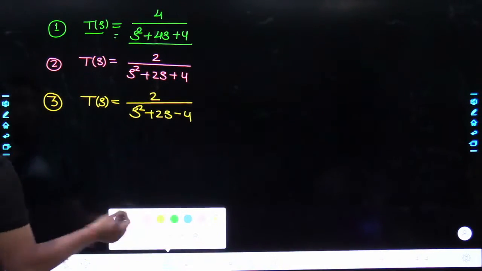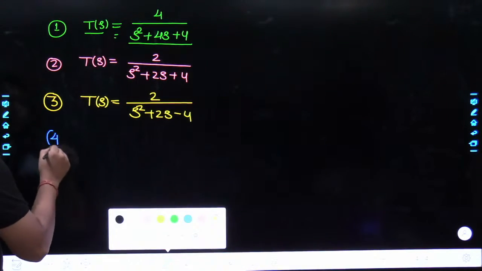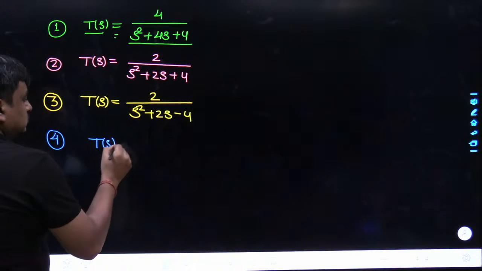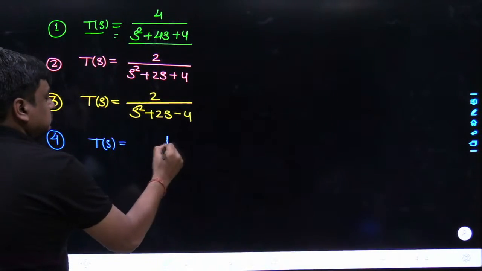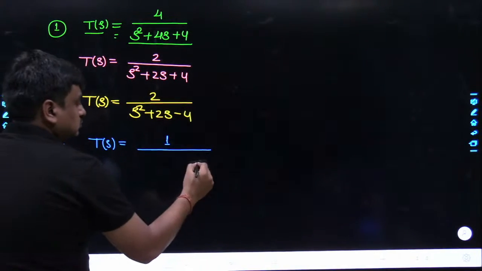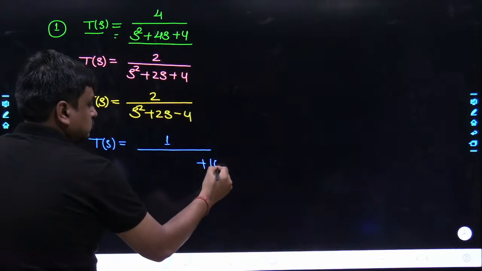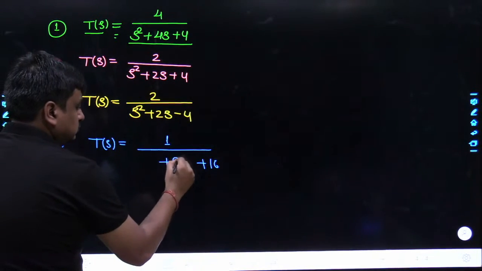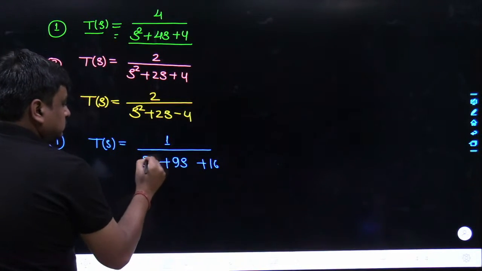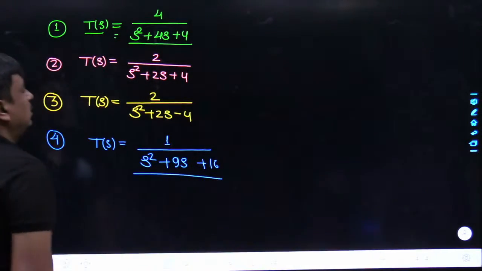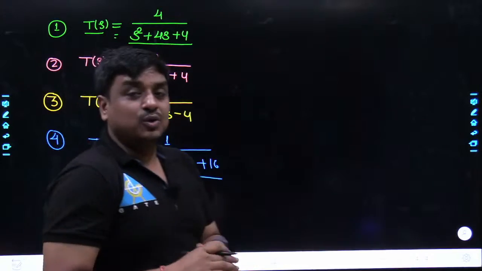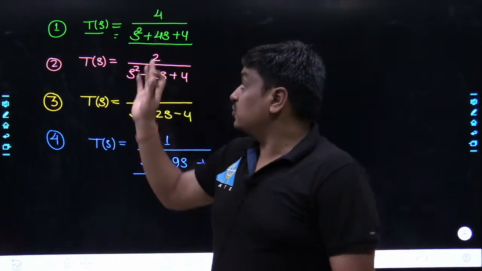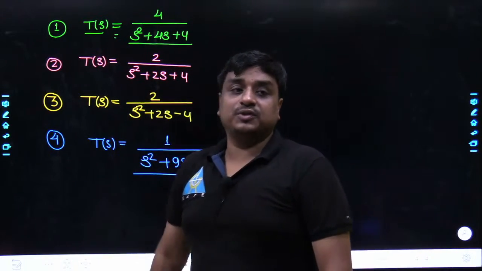Let me take the fourth question. So now these 4 questions go to you guys, and you have to figure out which kind of system they are: the first system, second system, third system, and the fourth system.